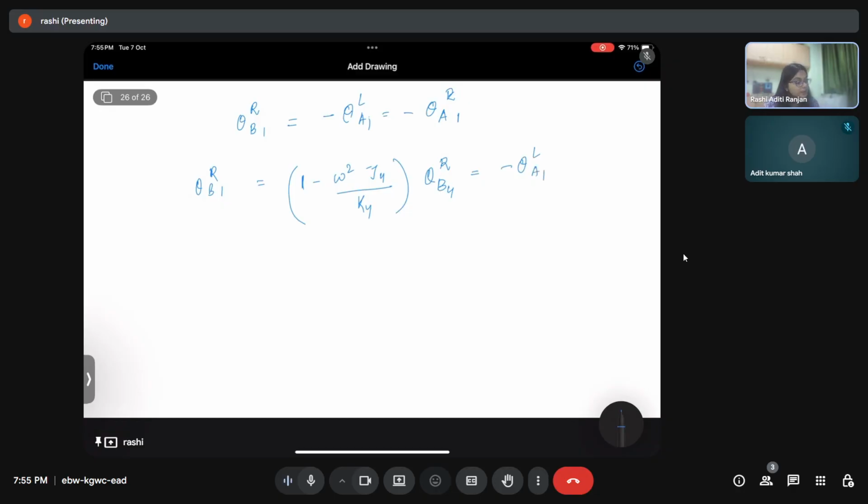Correct. Similarly, for the torque, T B R of 1 is minus of omega square n square j4 divided by 1 minus omega square j4 by k4 into theta A1 L. Right? This is what it is going to give us.